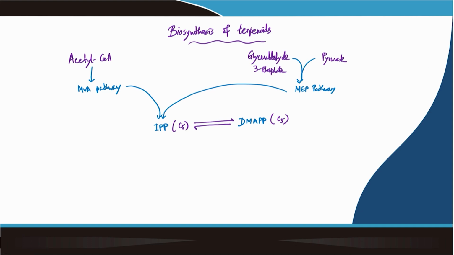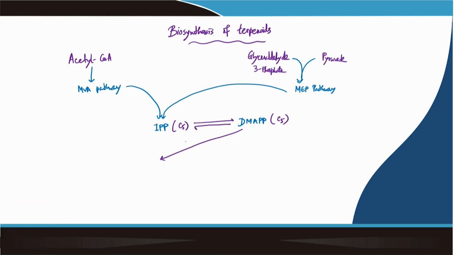So, for example, DMAPP joins with one molecule of IPP and forms GPP, geranyl pyrophosphate, and this GPP contributes towards the formation of monoterpenes.